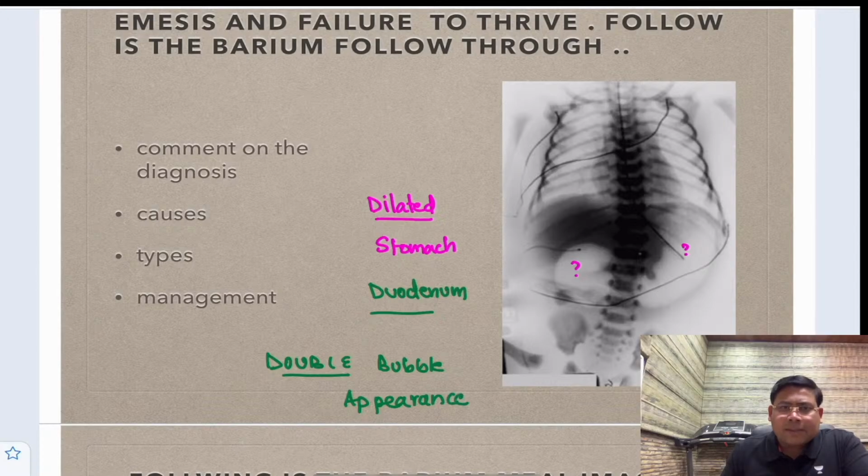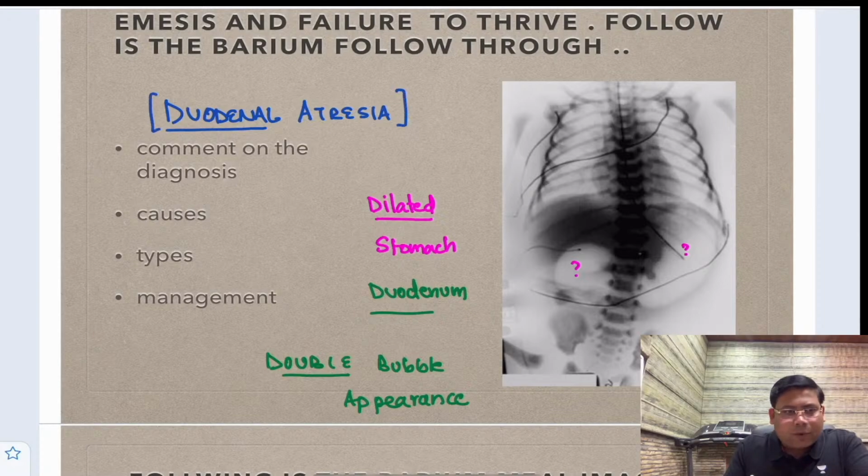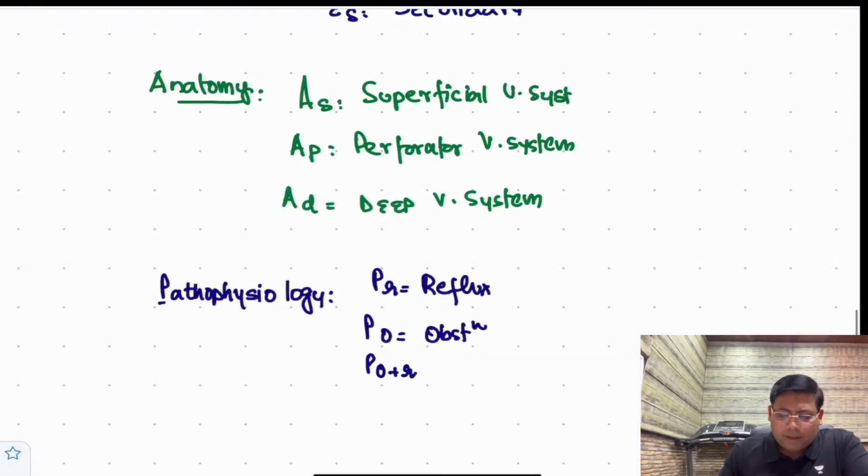And this is actually a case of duodenal atresia. So first thing that you have in front of you is that this is a case of duodenal atresia. Are you getting this point or no? Very good. Next is what are the causes, what are the types, and what is the management. For that we'll go to the next sheet.